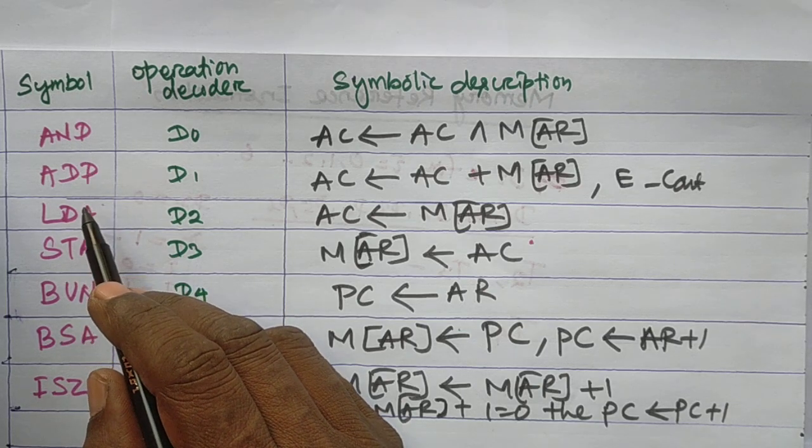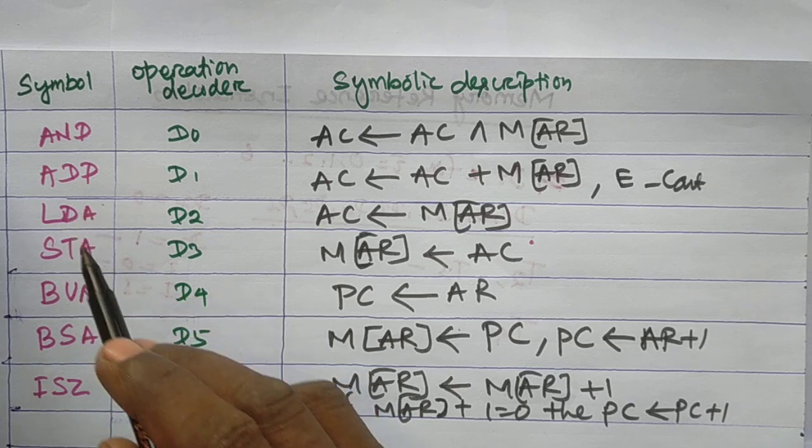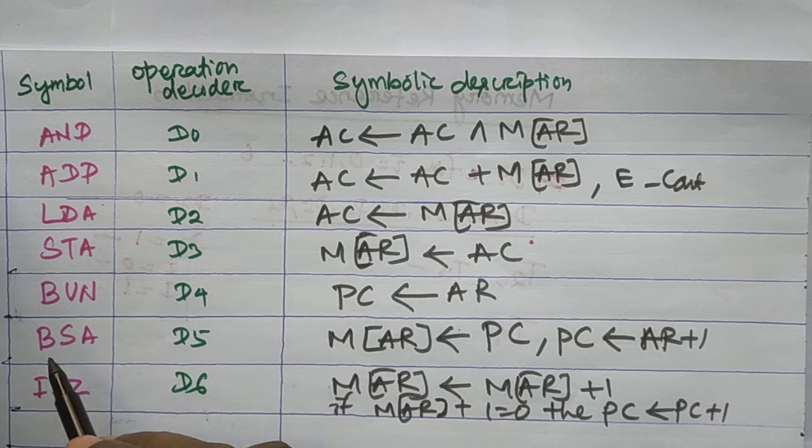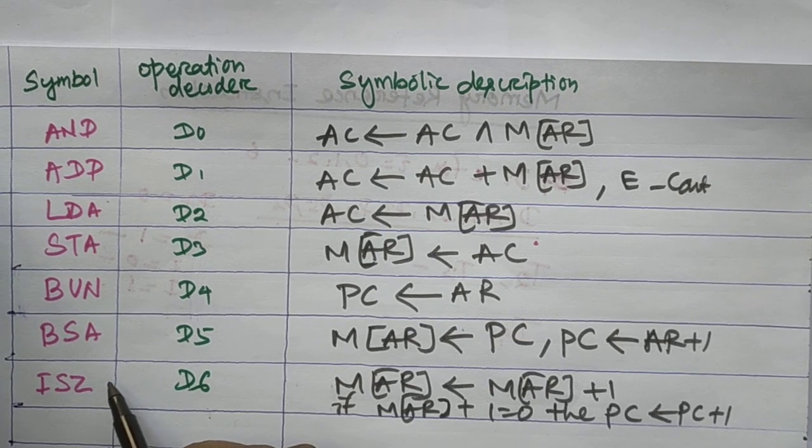And another we can define very simply is ISZ, increment and skip if 0. This is the basic concept of these symbols. So we can define them in different ways.